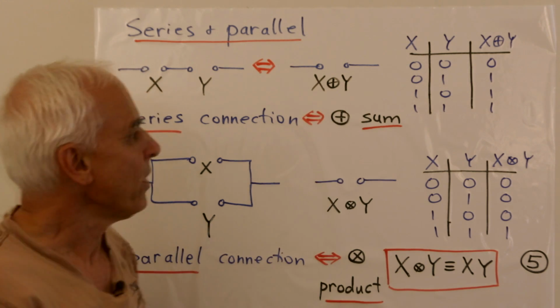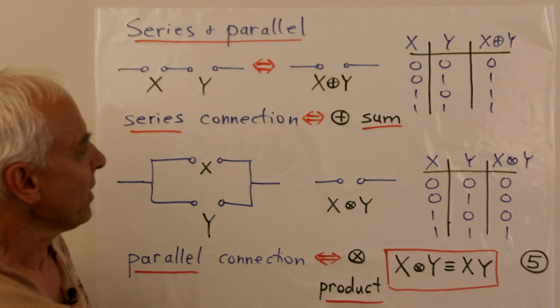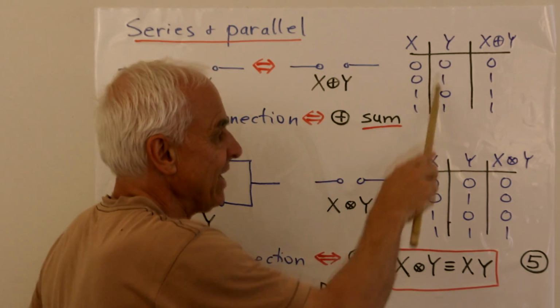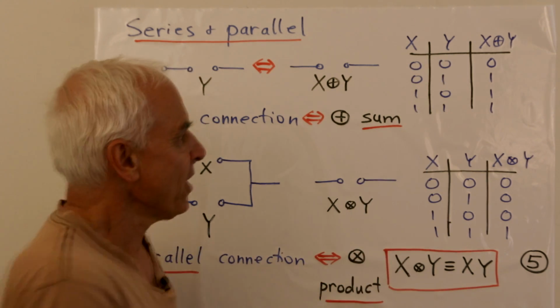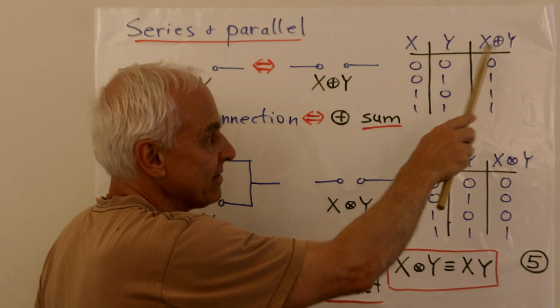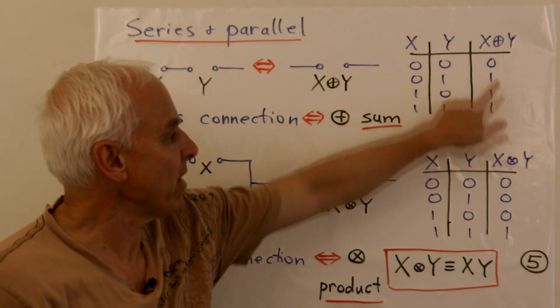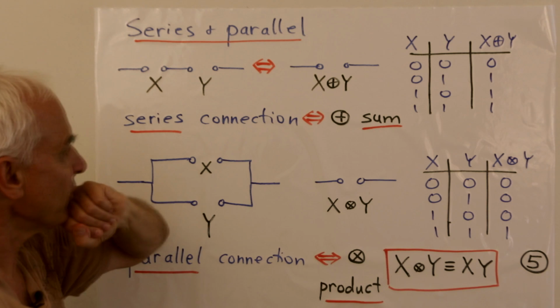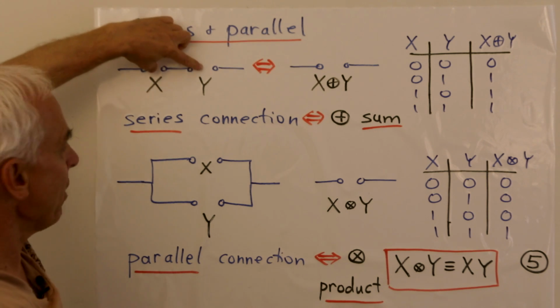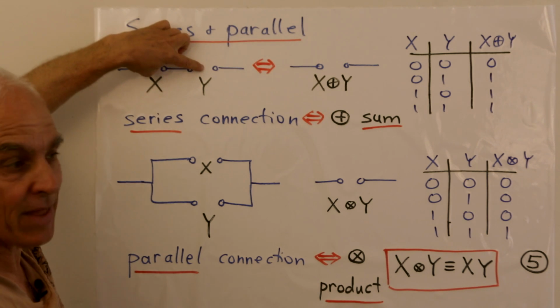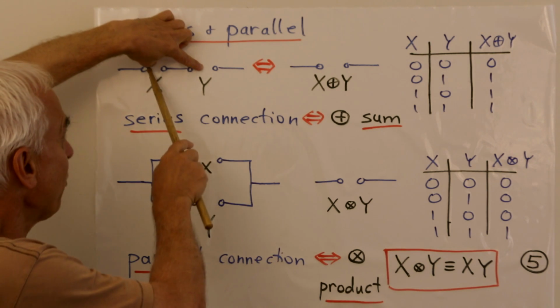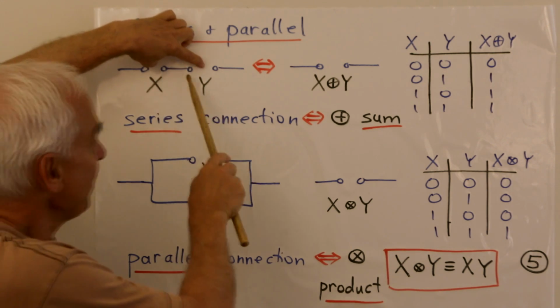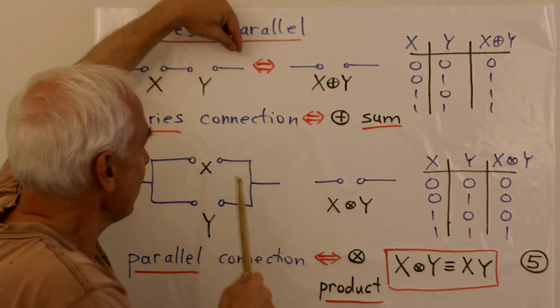Okay. So the properties here are that if these are the values of the hindrances of x and y, then the hindrance represented by x plus y will be given by this. So let's have a look at this. So if x and y are both 0 hindrance, now that means, I remind you, that these are both closed, okay? So the effect of that is that current can go through.